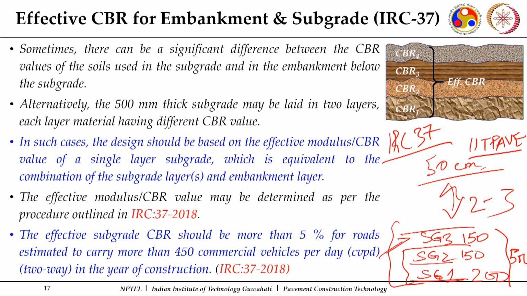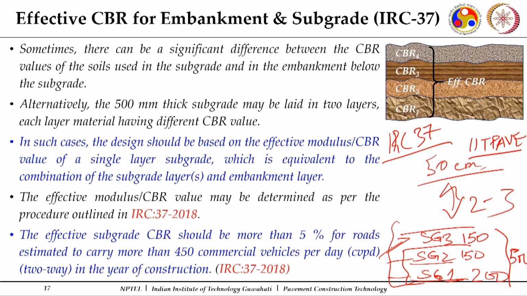I will briefly mention in the next slide how you can work out the effective CBR if there are two or three soils with different CBRs. Once the effective CBR is known to you, you can work out the MR for that, and then that MR has to be used.